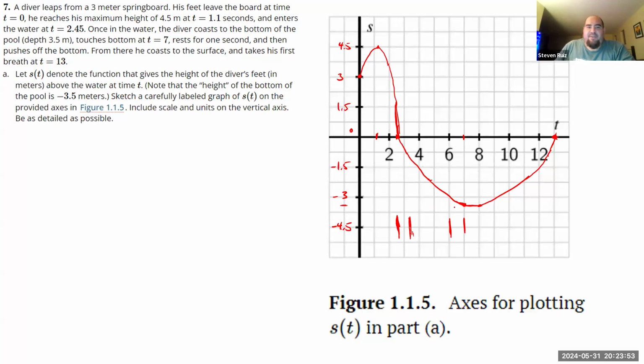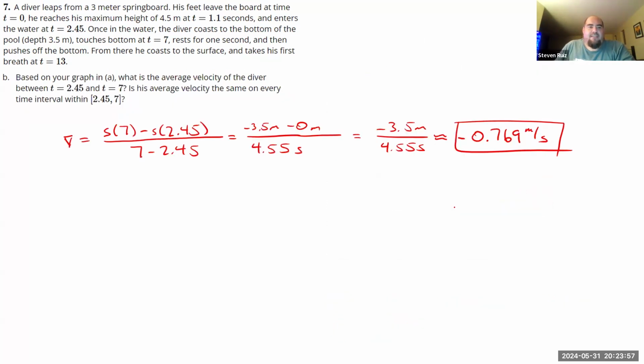So depending on how you interpreted that, and there is room for interpretation there, I don't think I would say that their average velocity is the same on any interval between 2.45 and 7. The only way that would be true is if they had a constant rate of change, if his speed was the same throughout that stretch of time.